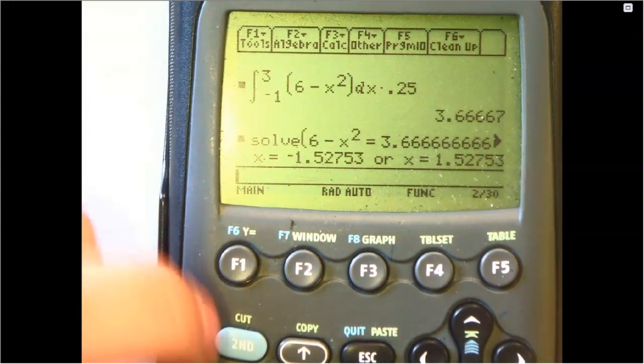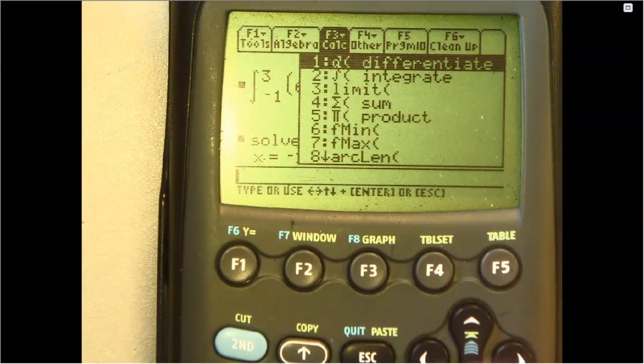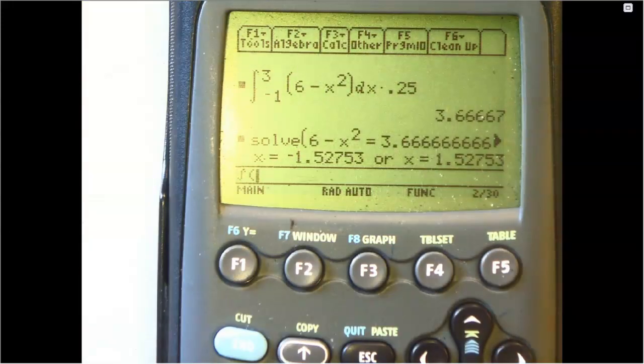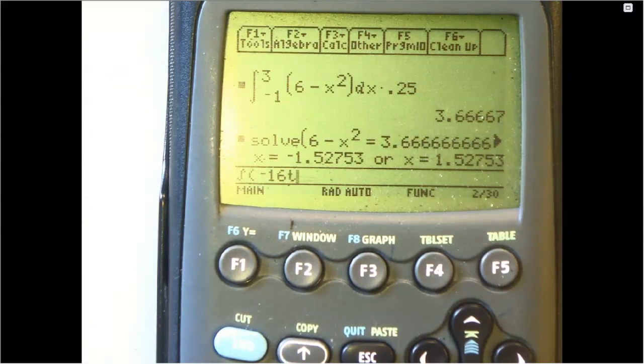So, if you want to follow along, if you want me to guide you: F3, Calc, integrate, -16. You can put t, you can put x, whatever, and when you put the comma, you put the variable that you use. So I'll do t, just to show you that one. -16 t squared, then plus 41 t, and then plus 10.